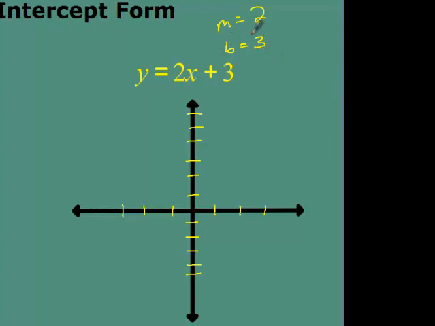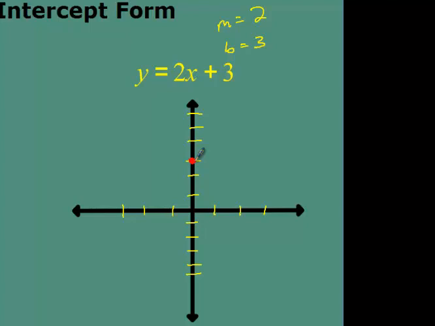From 0, 0, I go up 3 and I place a point. This is my initial point. The y-intercept stands for where your graph is crossing the y-axis. They're telling you we're going to cross the y-axis at 3. So that gives you 1 point automatically that's easy to find: x-coordinate 0, y-coordinate 3.